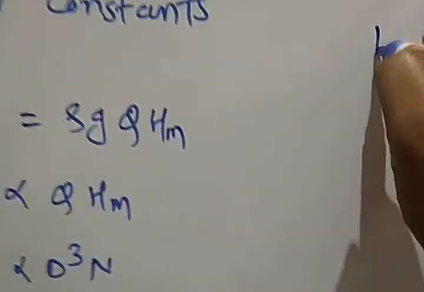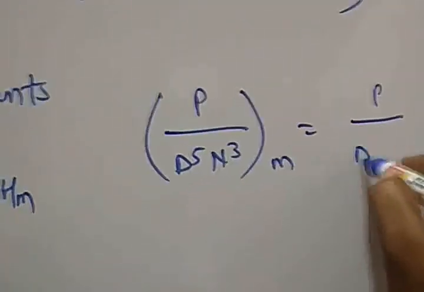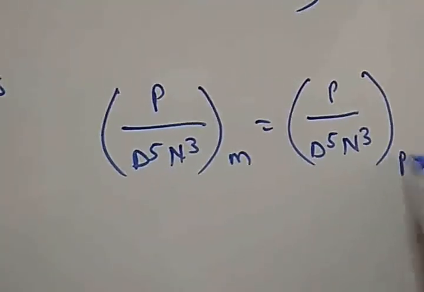So I can write it as p upon d raised to 5 n cube for model is equal to p upon d raised to 5 n cube for prototype.